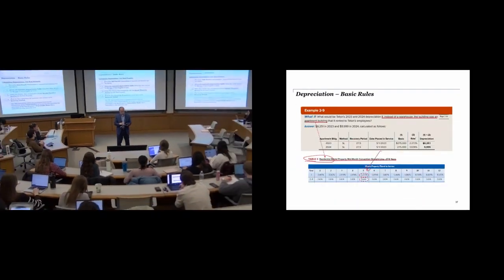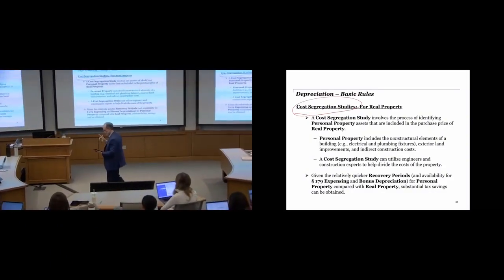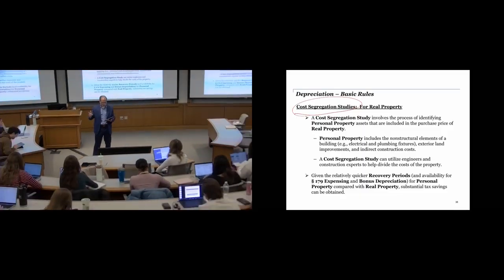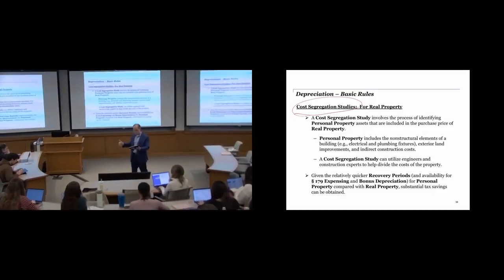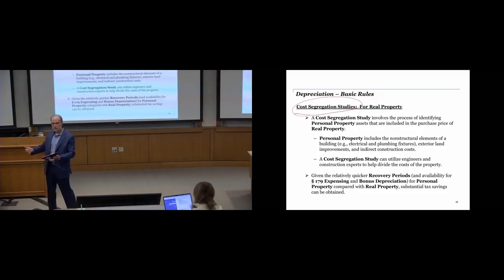So there is a concept called a cost segregation study for real property. People call these cost seg studies. A cost seg study involves the process of identifying personal property assets that are included in the purchase price of real property. Personal property includes the non-structural elements of a building. Think of the electrical system, the plumbing fixtures.